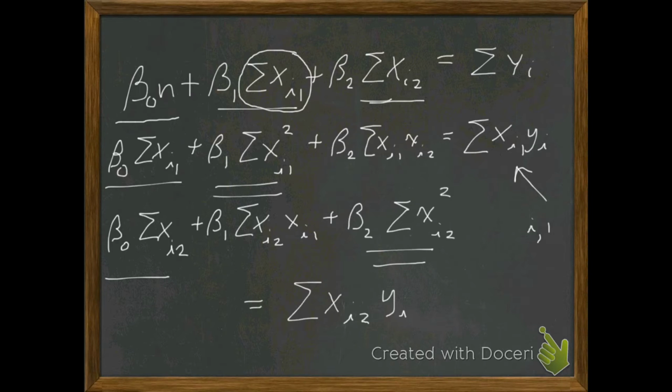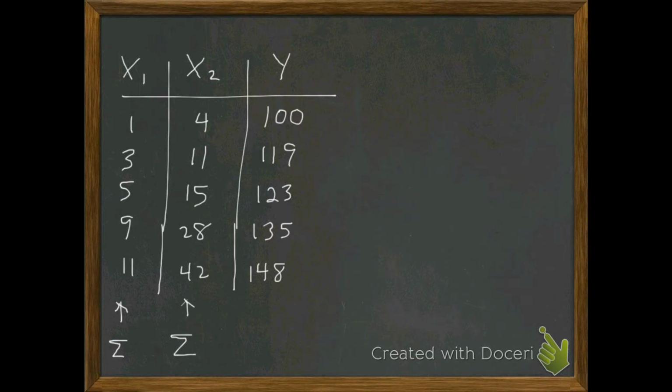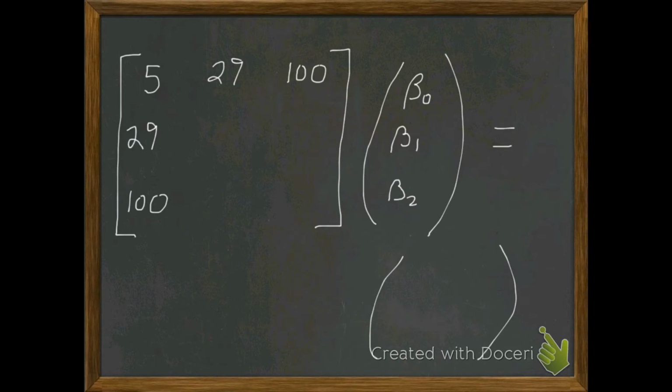Next, I'm just going to focus on these two right here. I need to square the values for x sub 1 and of course add those. So ultimately I'm going to take 16 plus 121 plus 225 plus 28 squared.